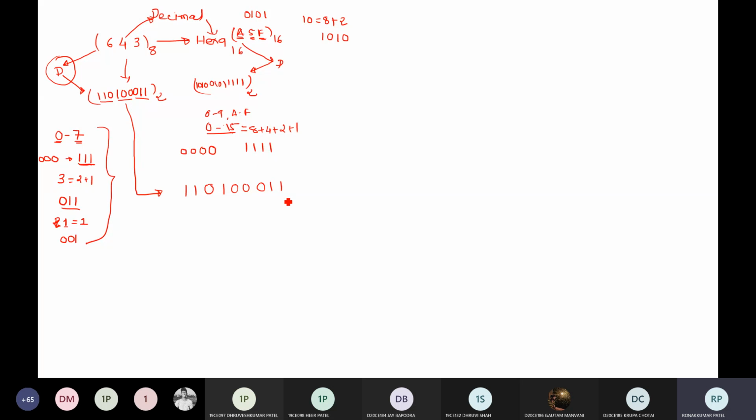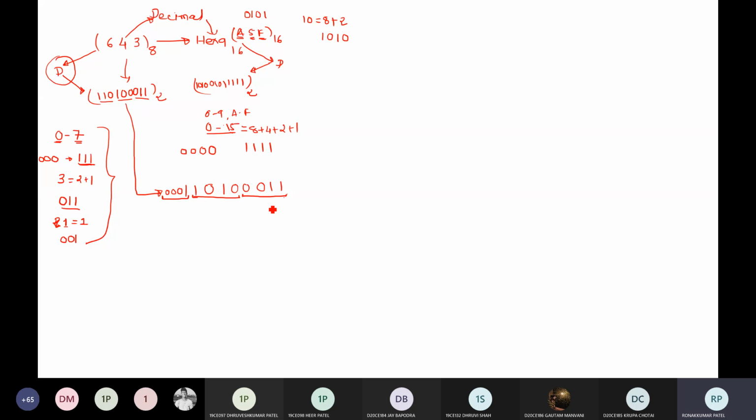So what I will do, I will start making groups of 4 from the least significant bit. Group of 4, group of 4. As this is only 1 bit, you can add 0.